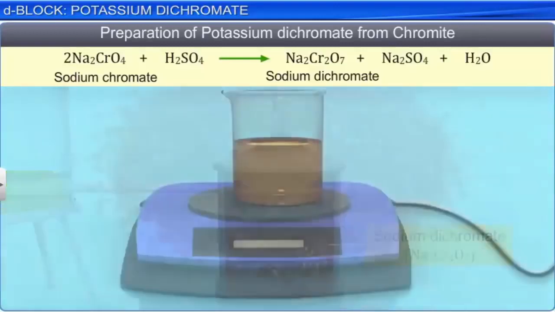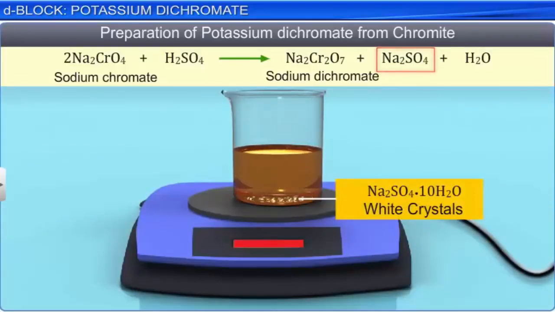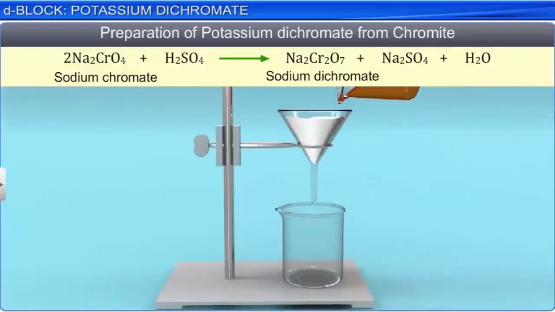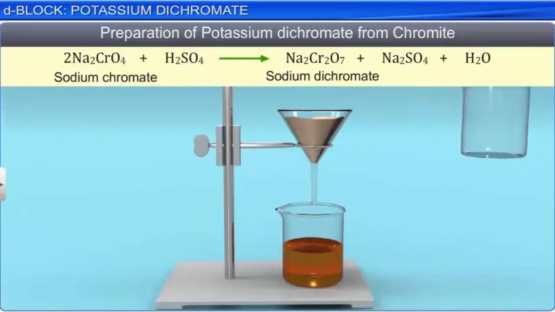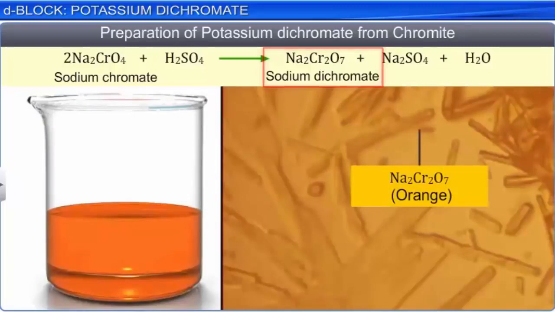On concentration, the less soluble sodium sulfate crystallizes out. This is filtered hot and allowed to cool, after which the orange-colored sodium dichromate separates on standing.